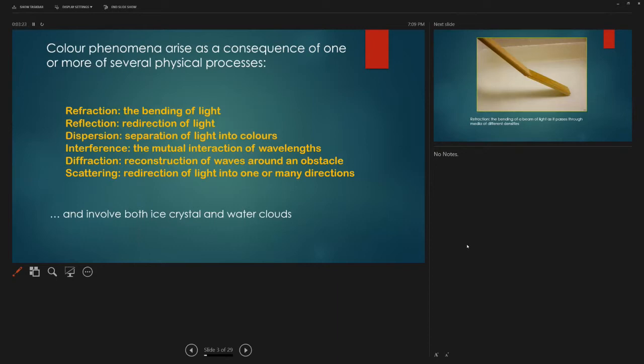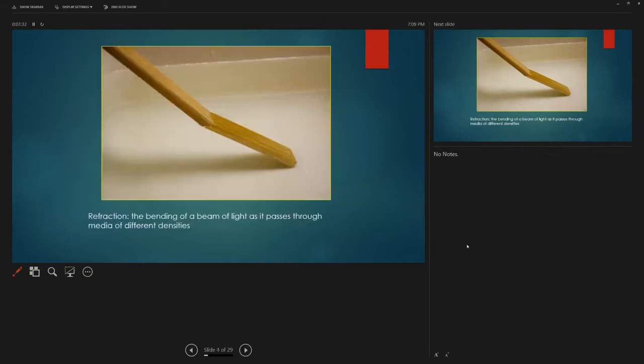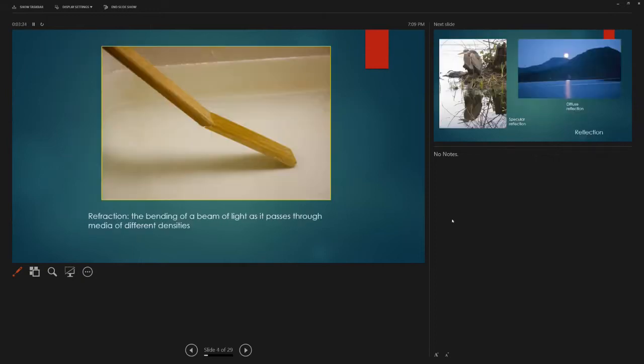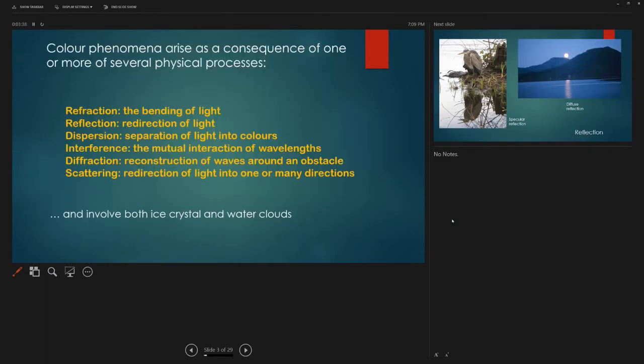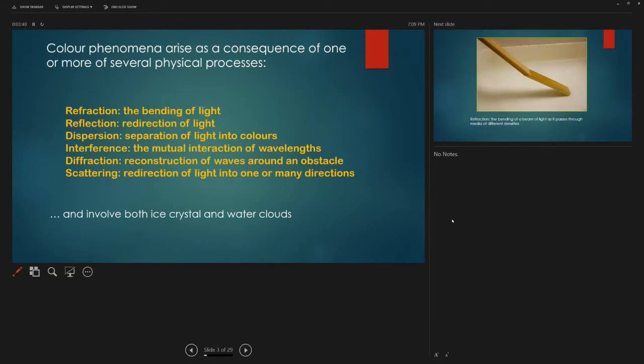So we tend to refer to refraction as the separation of light into colors, but refraction is actually the bending of the light, similar to this picture here where you see light bending in the water bath. Now, reflection, of course, is pretty easy. Interference is something that you see all the time but don't necessarily recognize, like the colors when there's a thin film of oil on top of water.